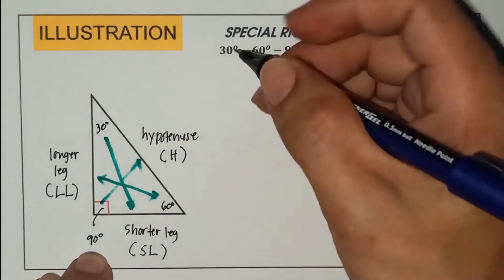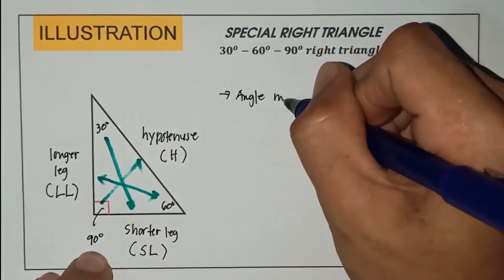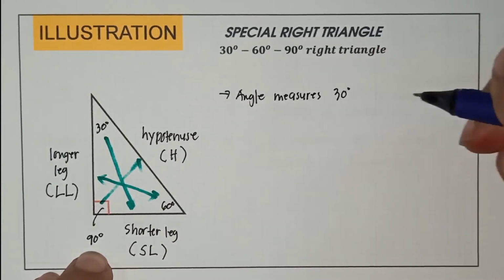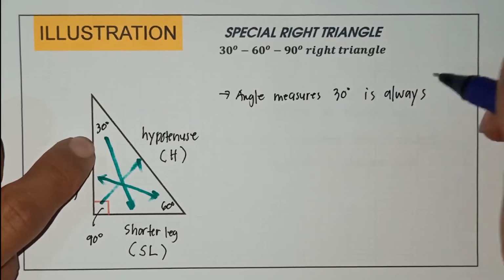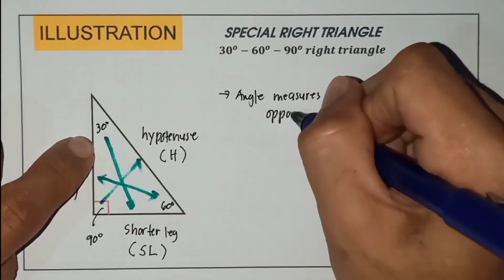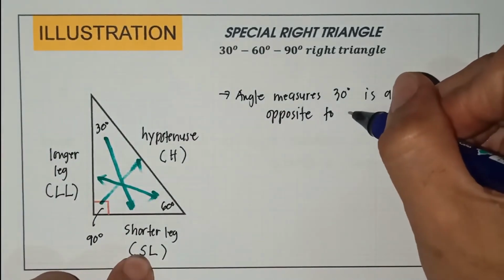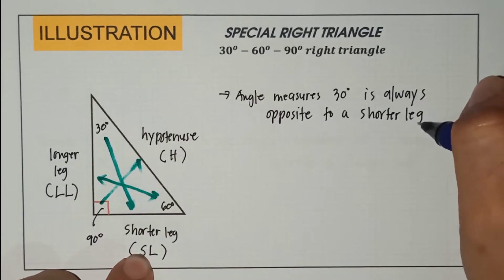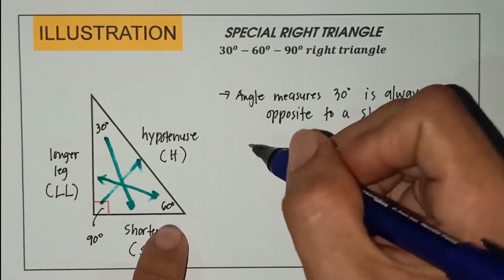Don't forget that the angle that measures 30 degrees is always opposite to a shorter leg. Meaning to say, this leg is shorter than the side opposite of 60 degrees.